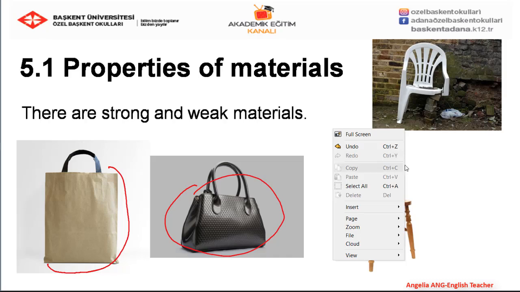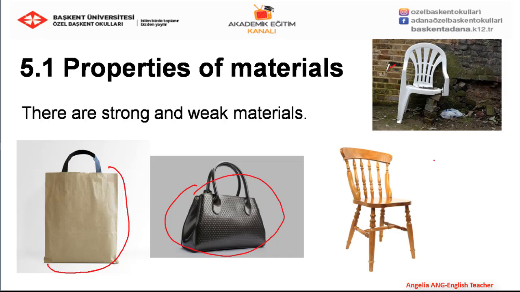Another example, look at this chair. It is made of plastic and it is broken easily. But a wooden chair is stronger and doesn't break easily.